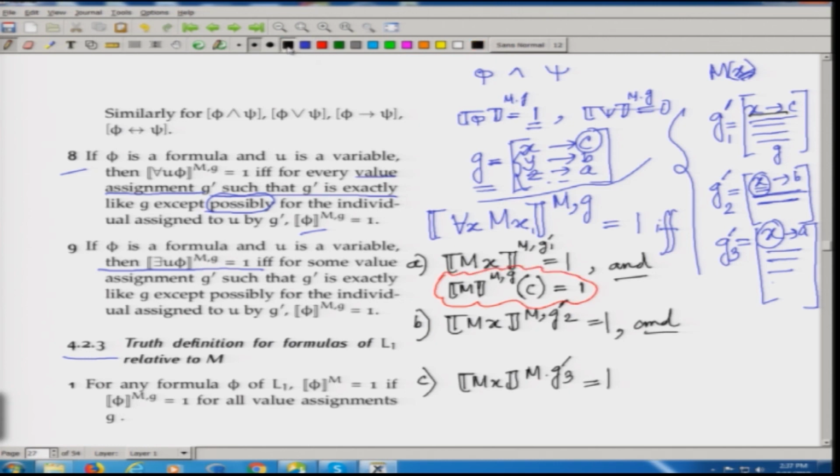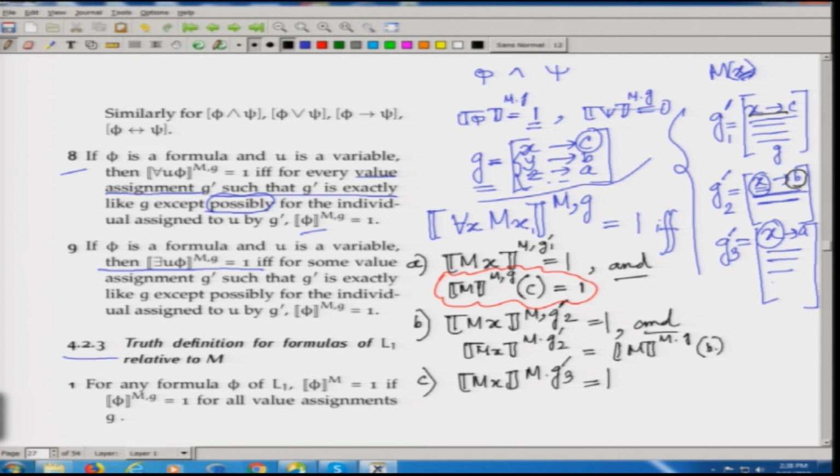We go to the second one. This assigns b to x. So, it means mx with respect to m g prime 2. Now, mg takes what is the value?